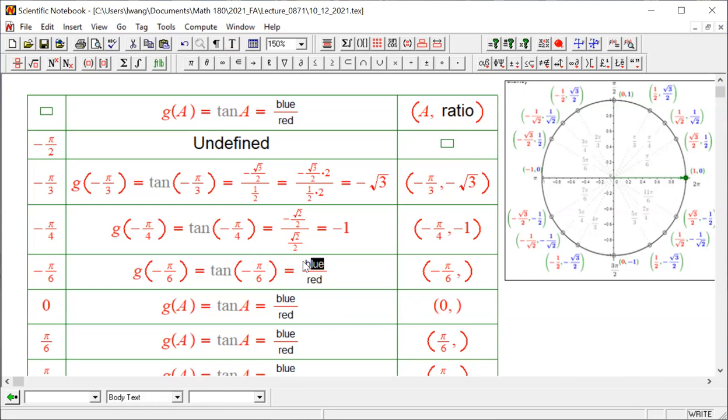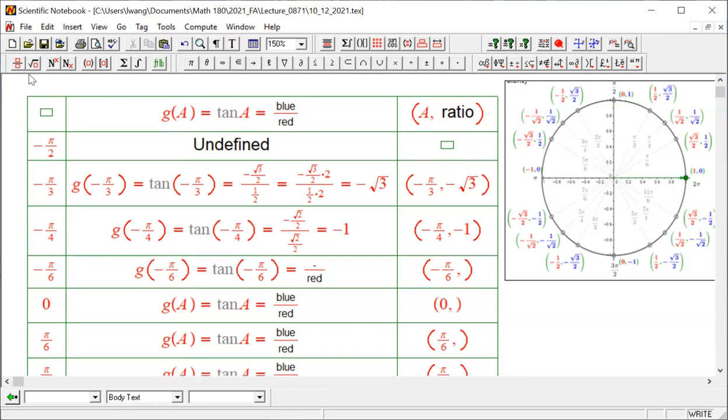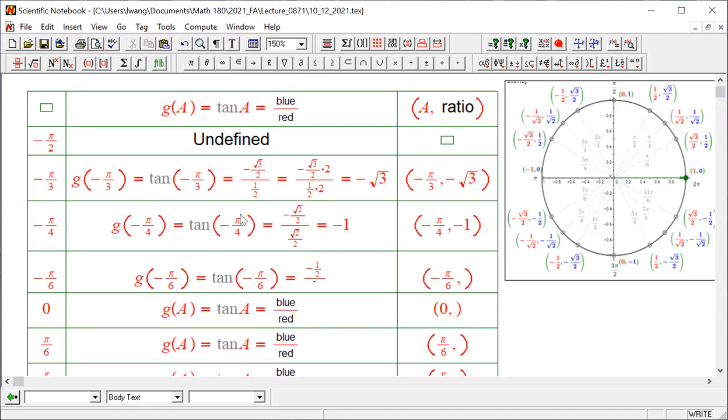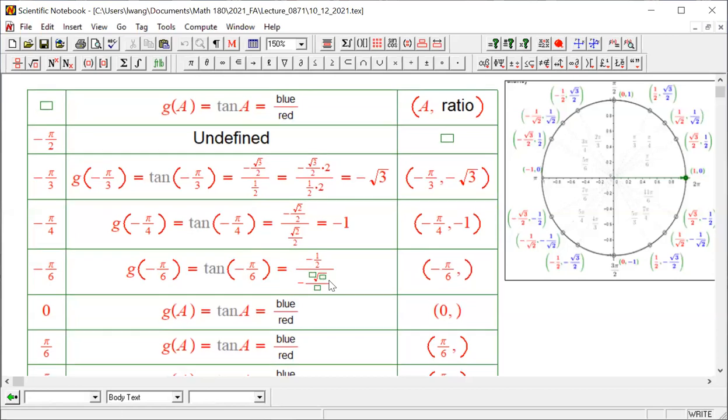So over here, this is going to be negative half. And negative root 3 over 2. No, positive, sorry, positive root 3 over 2.